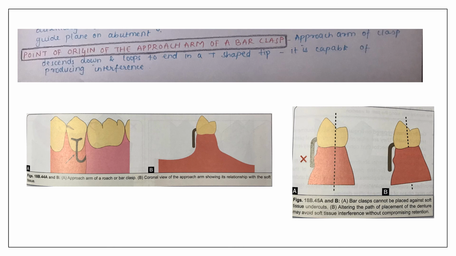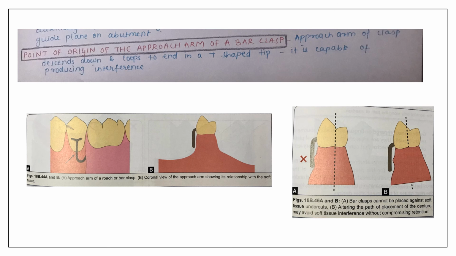When we are changing the path of insertion, the resulting bar clasp will not provide resistance to removal. So it will not provide retention in the vertical direction. Instead, it will provide resistance to removal only against the path of insertion.